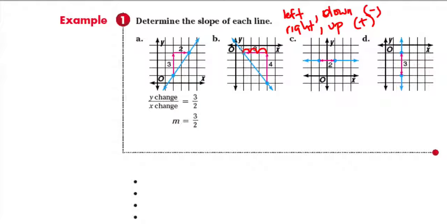So from here we counted 1, 2, 3. That's why you have negative 3. And from negative 3 you went down 1, 2, 3, 4. Okay, let me redo that and correct myself.